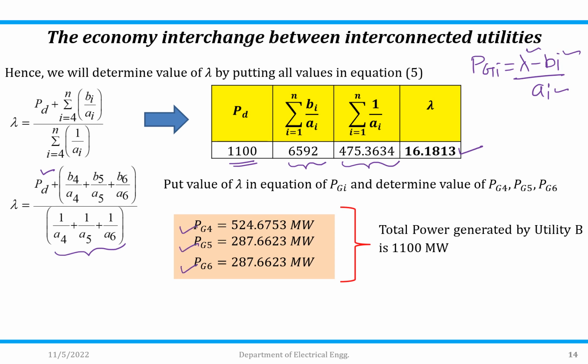Carefully observe whether each generator's power lies within the given limits, PG minimum and PG maximum. The answers lie within this inequality constraint, so we can take them. If you add these, you will get the total power as 1100 megawatt.